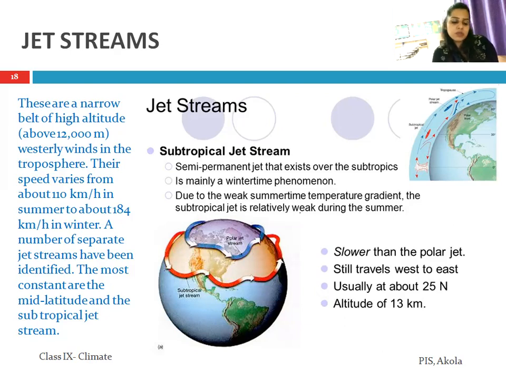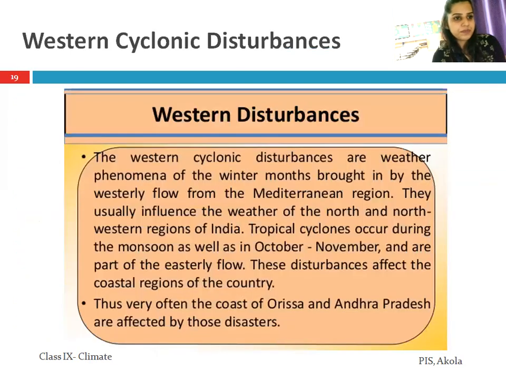Polar jet streams are at the polar region, whereas subtropical jet streams are just below it, reflected with the red line. So these are the streams which are a narrow belt of high altitude of about 12,000 meters.